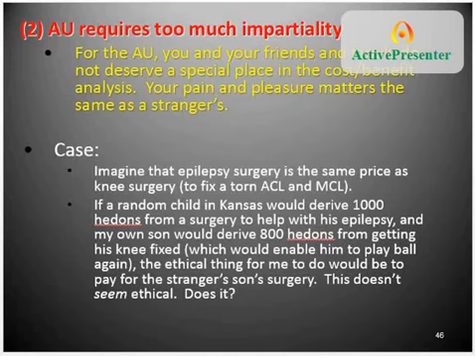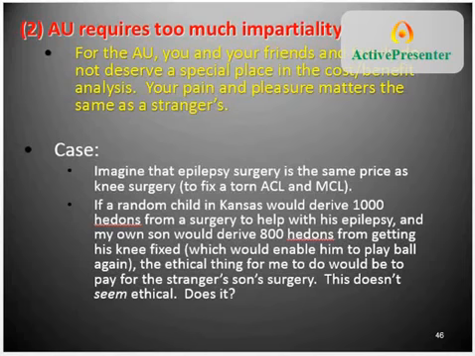This objection that act utilitarianism requires too much impartiality. Remember, for the act utilitarian, you and your friends and family do not deserve a special place in the cost-benefit analysis. Your pain and pleasure matters the same as a stranger's. Alright, so here's a case. Imagine that epilepsy surgery is the same price as knee surgery to fix a torn ACL and MCL.